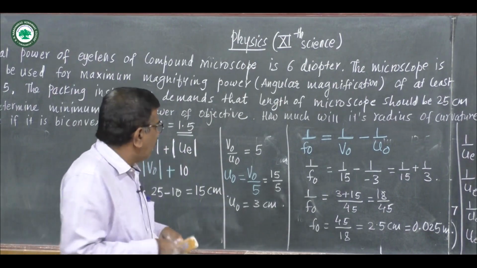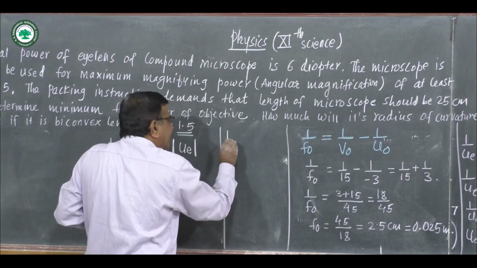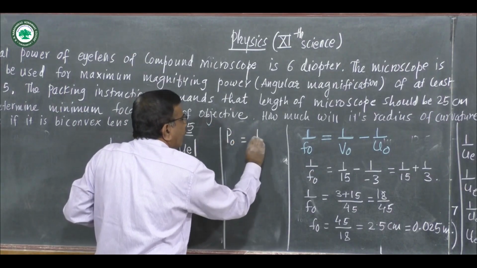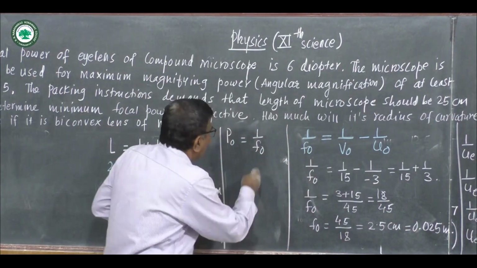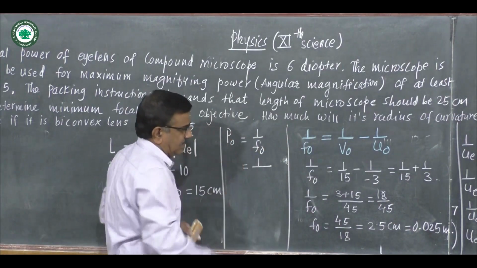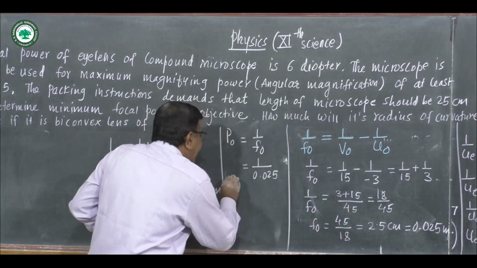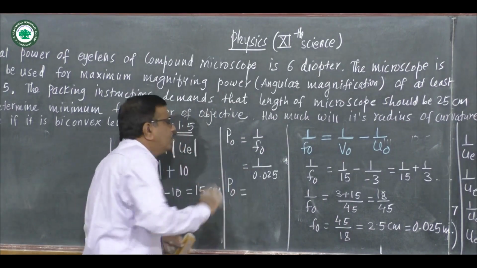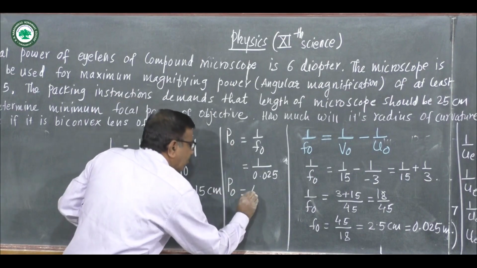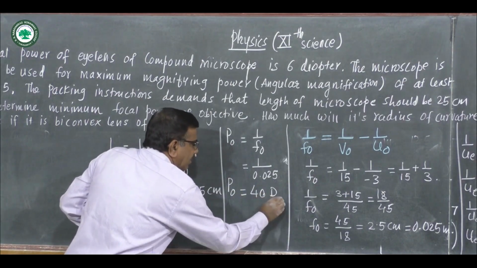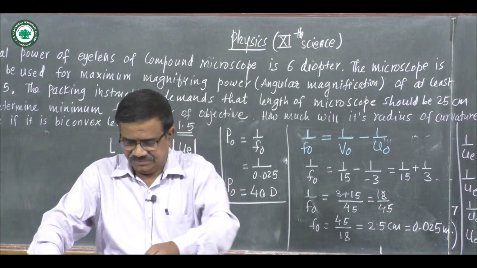So the focal power of the objective is 1 upon FO, with the focal length in meter, 1 upon 0.025, and hence the focal power of the objective is 40 diopter. This is our first answer.